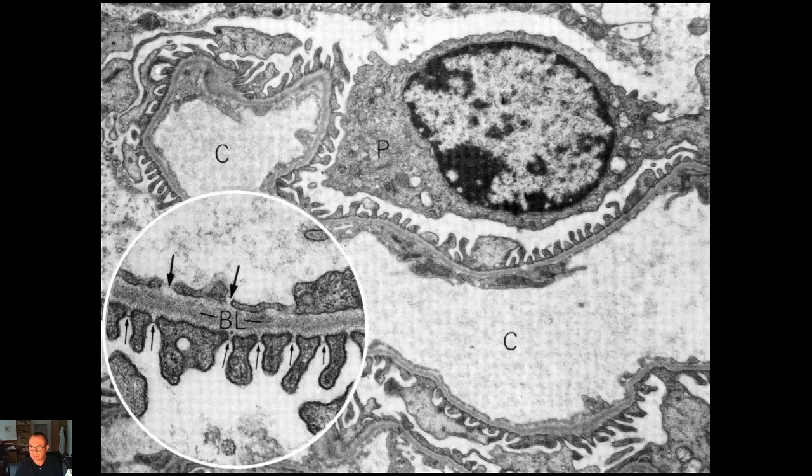Transmission electron microscopy can show something more, can show deeper structures, can show the contact of the podocyte and capillary. And what we can see at this level is that the basal lamina of the podocyte, which I will show in this inset at higher magnification, this one, where you recognize lamina densa and lamina lucida, is fusing here with the basal lamina of the glomerular endothelial cell.